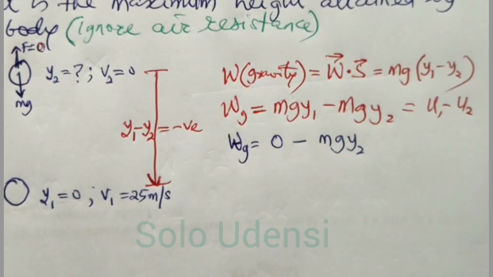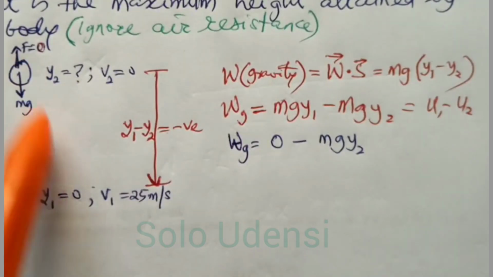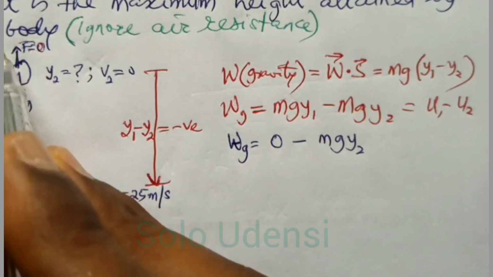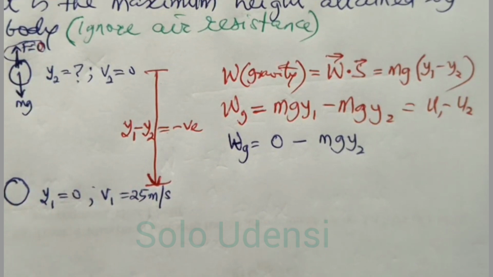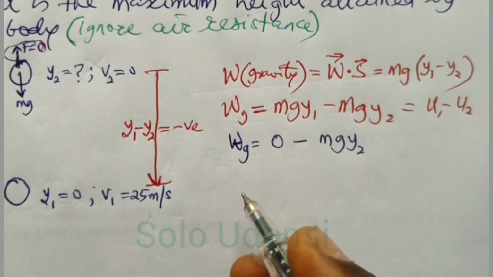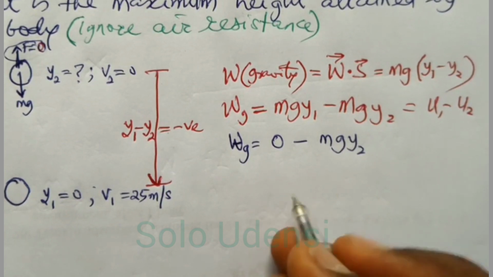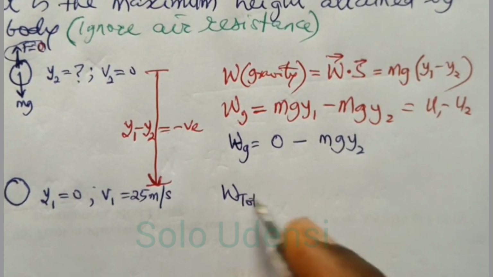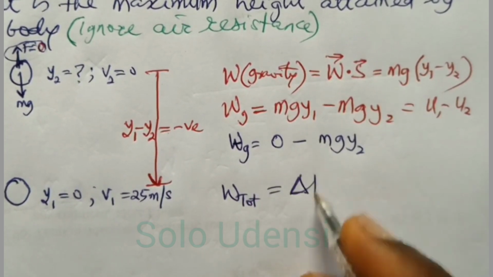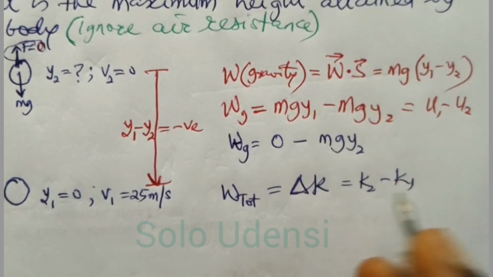You know that if the only force acting on this is the gravitational force, this downward force, with no other force, we can check the work done using the work-energy theorem. The total work done is just the change in kinetic energy, K2 minus K1.